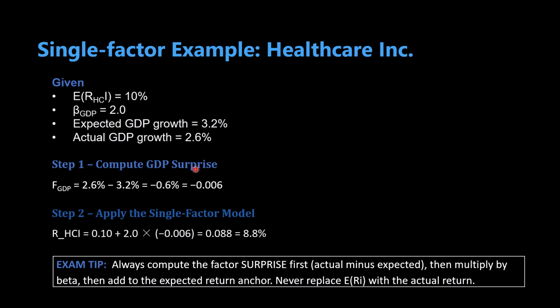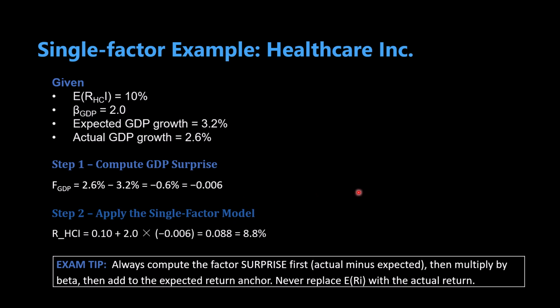The first step is to compute the GDP surprise. That's actual GDP growth rate of 2.6% minus the expected GDP growth of 3.2%, which is equal to negative 0.6%, or in decimal terms negative 0.006.